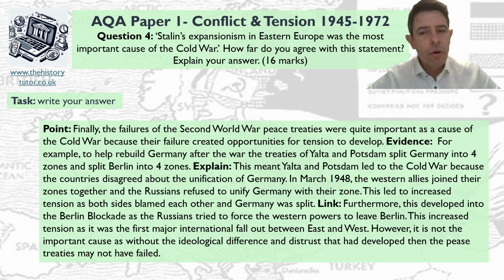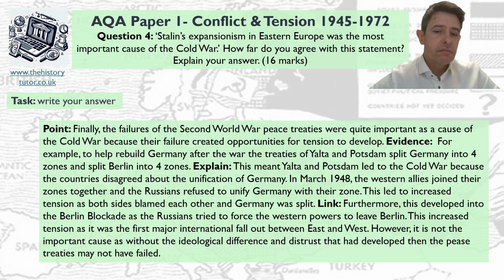So you could say a little bit more, like I did in my Yalta and Potsdam write an account question. Stalin thought he was a conqueror and wanted to sort of ransack Germany and take from it, whereas the Western Allies thought they were the liberators and wanted to rebuild trade and relations. So you've got that difference, which is a bit of a however really as well, because it points to ideological difference as an idea.